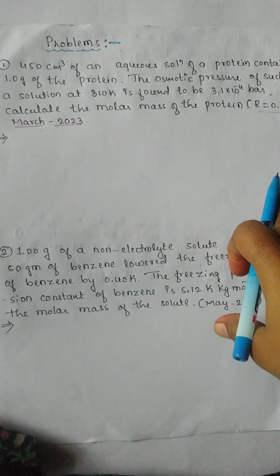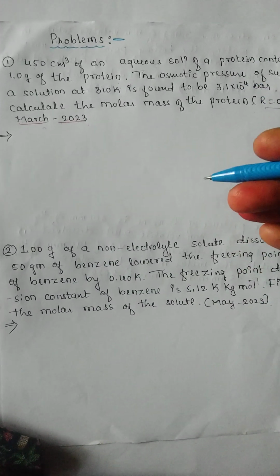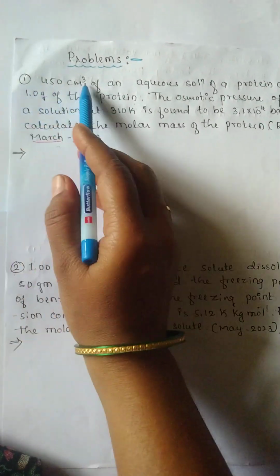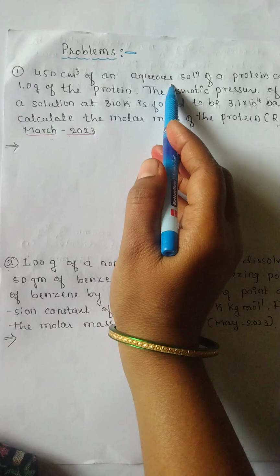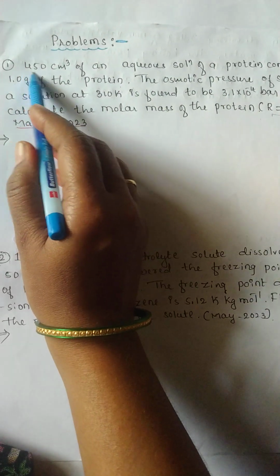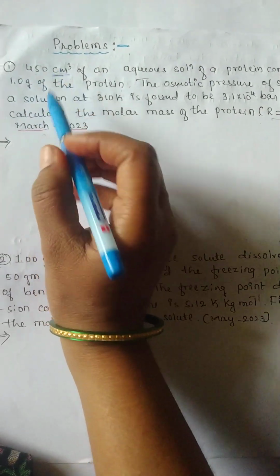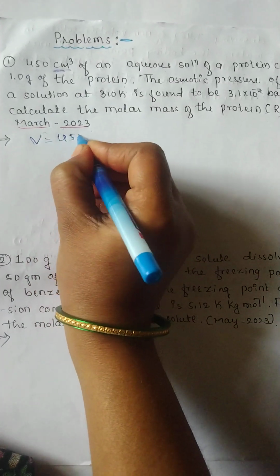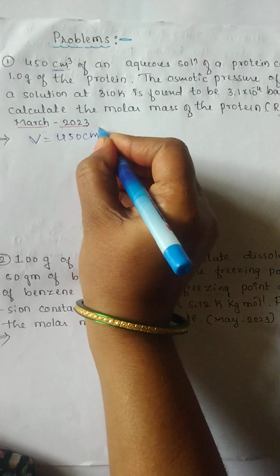So here first we have to write what are the given things. Once again, read the question: 450 cm cube of an aqueous solution. So here cm cube, that is volume. V is equal to 450 cm cube.